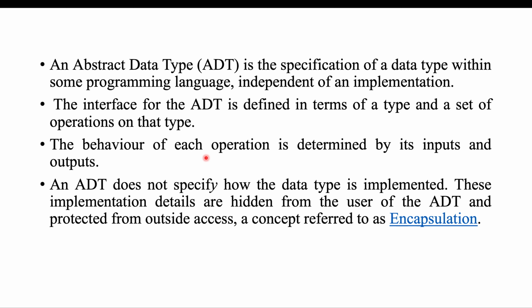And the behavior of each operation is determined by its inputs and outputs. Suppose we are giving integer values, the operations would be done on integers, and we will get the output as integers. Likewise, if we are working with floating point numbers, strings or characters, similarly the output would be generated which is relevant to that operation and to that particular input.